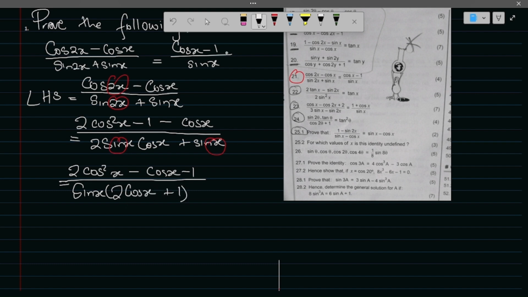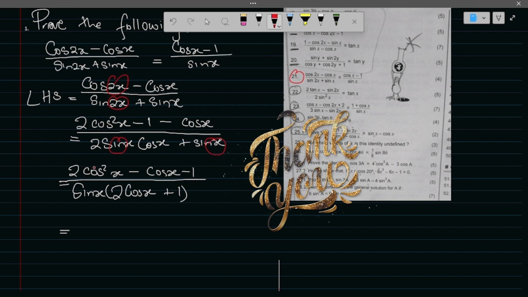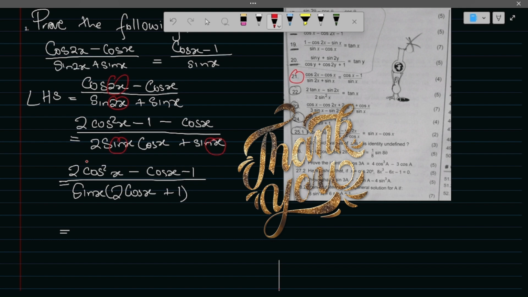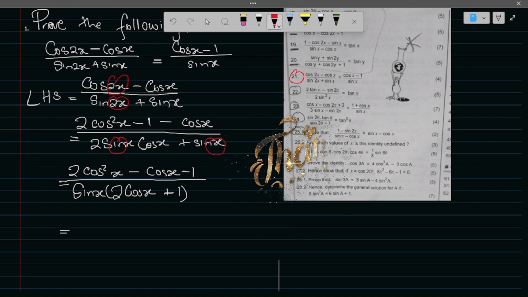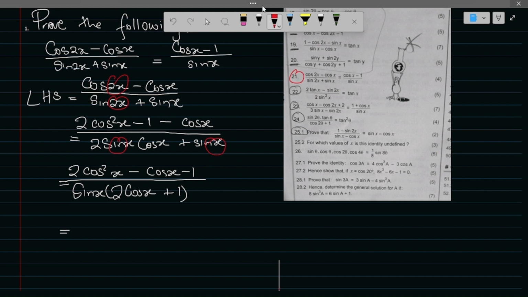Also, in the numerator we have a quadratic equation of functions. This is the same thing as 2x squared minus x minus 1. If you were able to factorize this, you'll be able to do that. So let's try to factorize this.